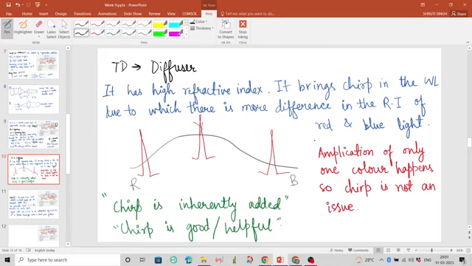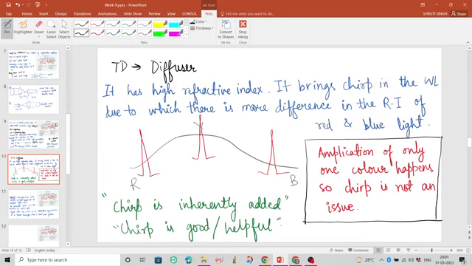So that's why we are not utilizing the whole spectrum. That's why we do not care whether the pulse is chirped or not, and if it is chirped, it is good because we get all the colors more separated out, and then choosing one color will be easier. So that's why the chirp is not an issue in this kind of setup.